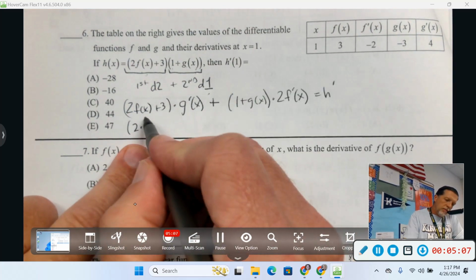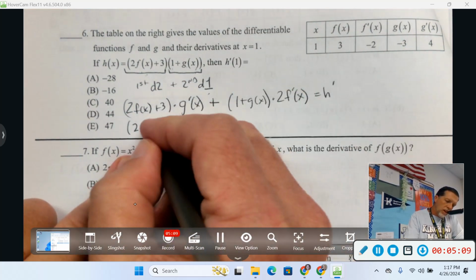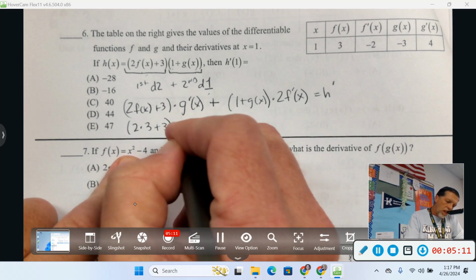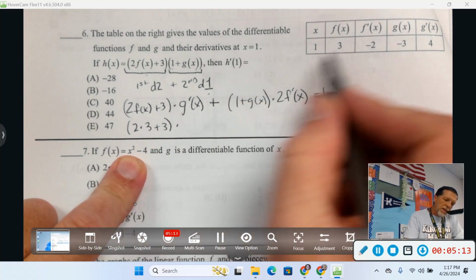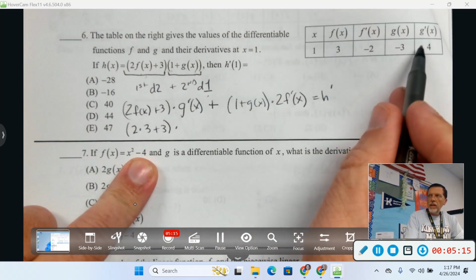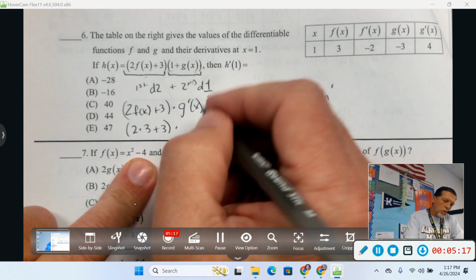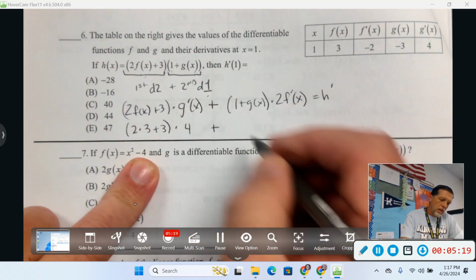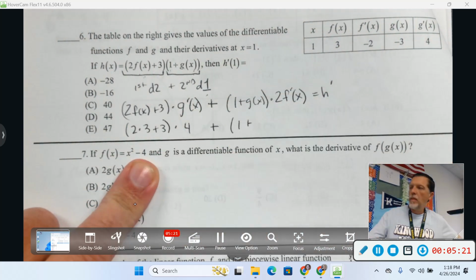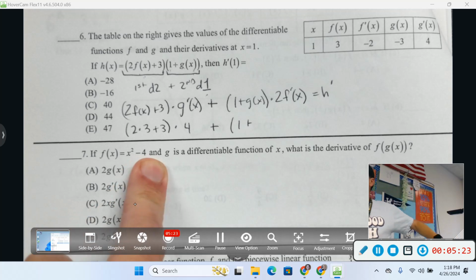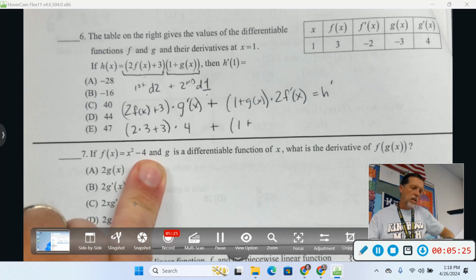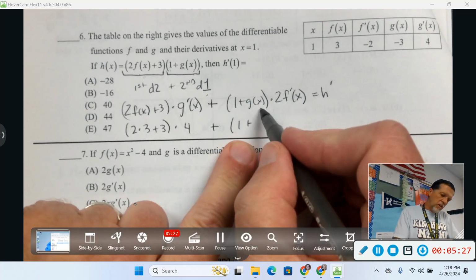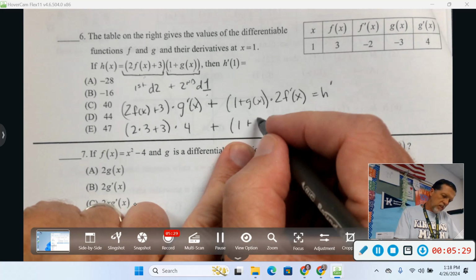So f of 1 is 3. G prime at 1 is 4. G of 1 is negative 3.